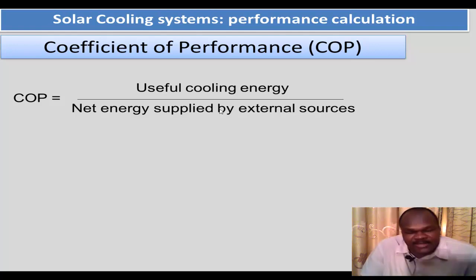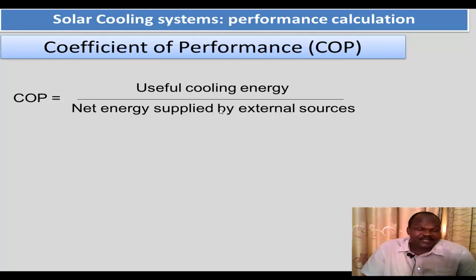So, how is it defined? All performances are defined as follows. You have the desired output over the required input. You have your system, you desire a certain output, and then there is a required input for that output.